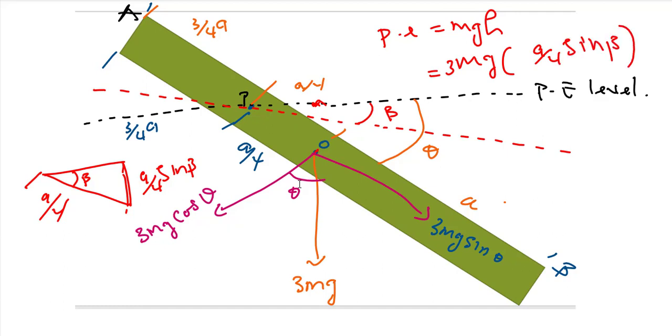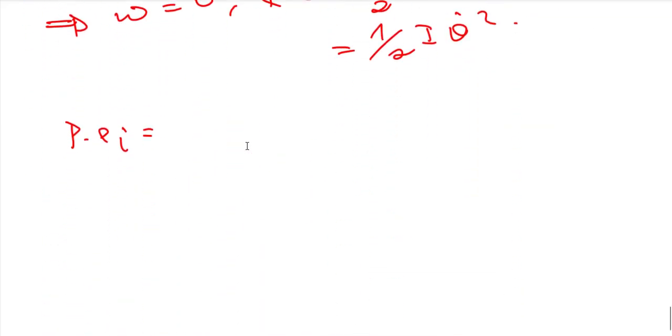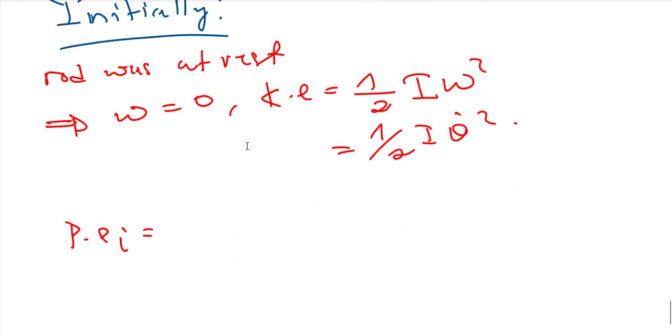But you realize that this height is below our zero PE level. So that's the zero PE level, and since it is below, it means it should be negative in sign. So the initial potential energy will simply be negative 3mg times a/4 sine beta.